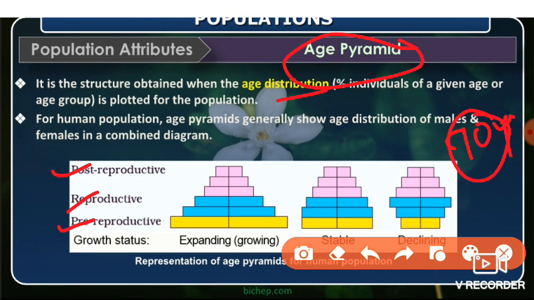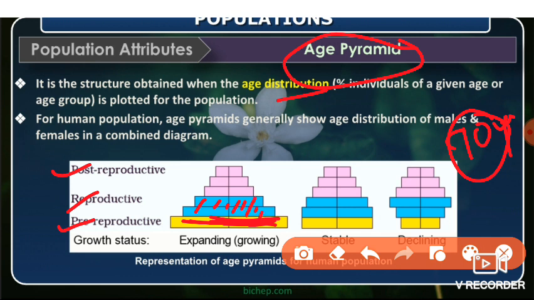Here, at the beginning, below, you can find the pre-reproductive stage. Here the individuals are more in number. It means the pre-reproductive aged people are more here. Next, coming to the reproductive, here the number is a little bit less compared to this one.